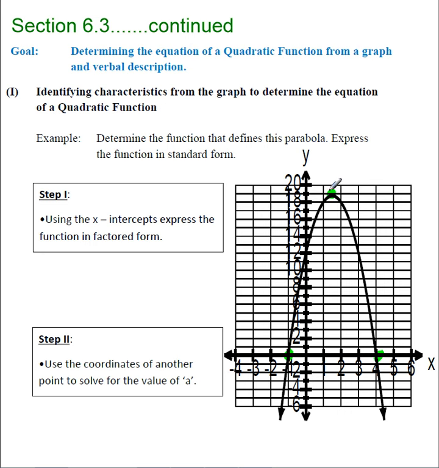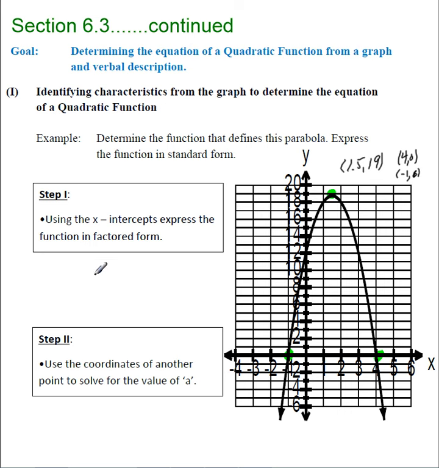So our vertex, we are at a height of 19 and we are over, looks like 1.5. One x-intercept is at (4, 0). The other x-intercept is at (-1, 0).